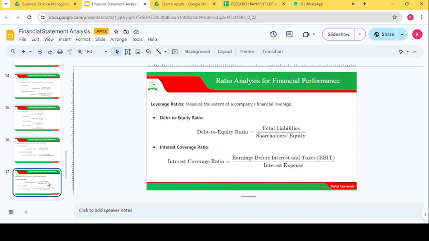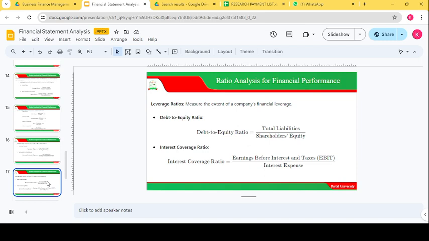And then we also have leverage ratios, which help to measure the extent of a company's financial leverage. The debt to equity ratio is calculated as total liabilities divided by shareholders' equity. And then we also have the interest coverage ratio, which is given by earnings before interest and tax divided by interest expenses.